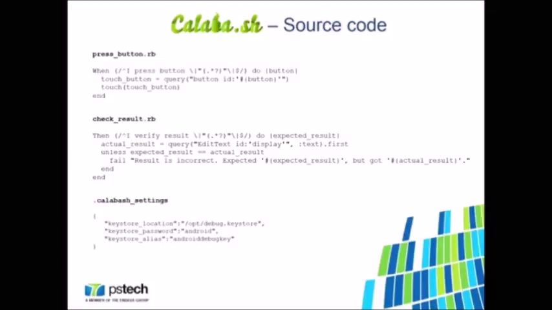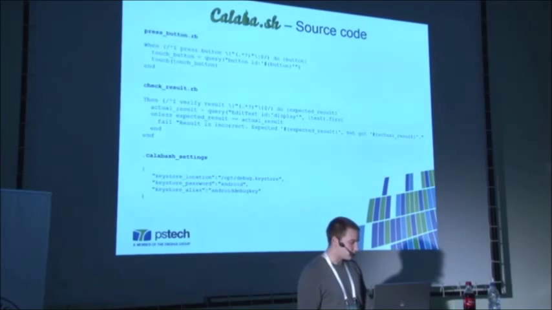After that, we are creating another variable, and we are querying all the buttons with the ID provided from here. And when we find it, we want to touch or click on this button. Very similar is the check result, only we will see if the expected result is the same as the actual result, and if it's not, then we will throw an error message.